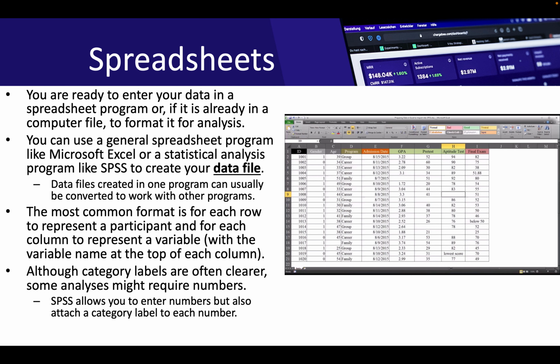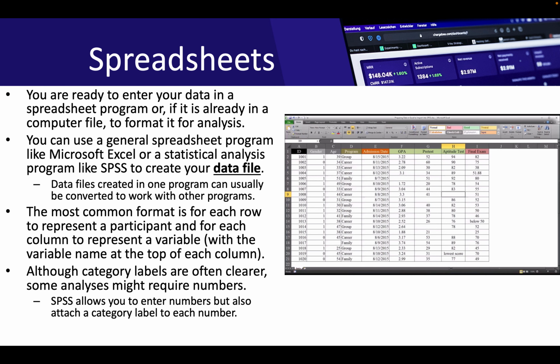You're ready to enter your data in a spreadsheet program, or if it is already in a computer file, to format it for analysis. You can use a general spreadsheet program like Microsoft Excel or a statistical analysis program like SPSS to create your data file. Data files created in one program can usually be converted to work with other programs.